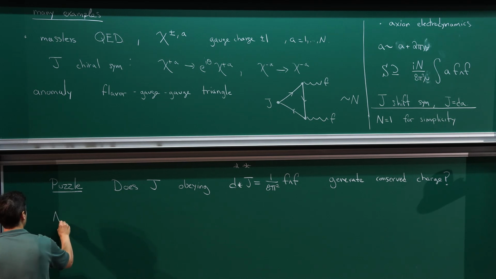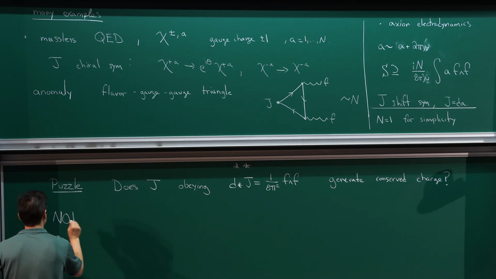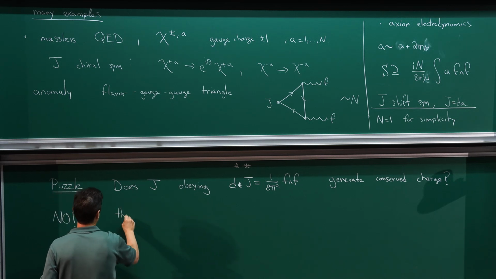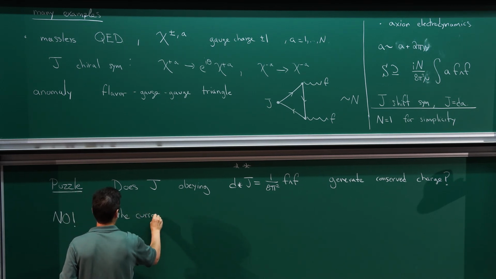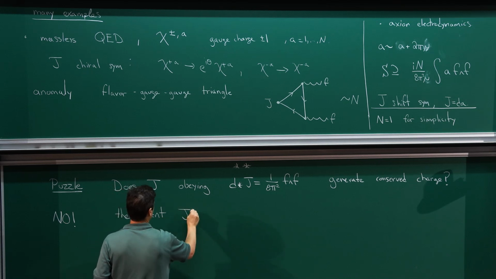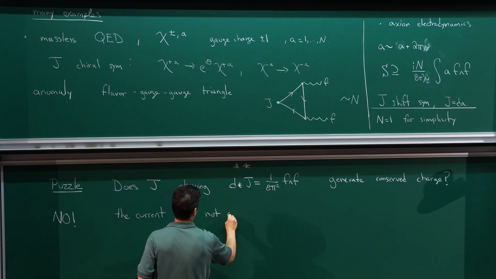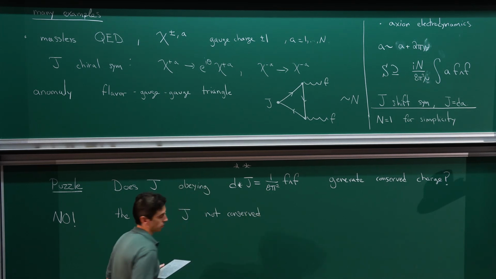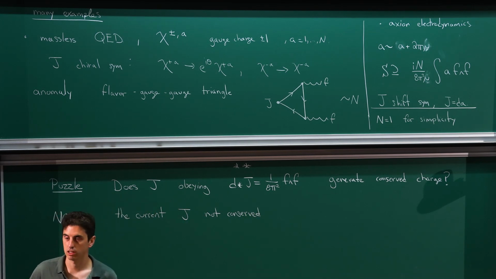So in the no camp, there is the kind of elementary reasoning, which is that the current J is not conserved. So if you compute correlation functions, you don't find a conserved current. And surely for a continuous symmetry, you need a conserved current.